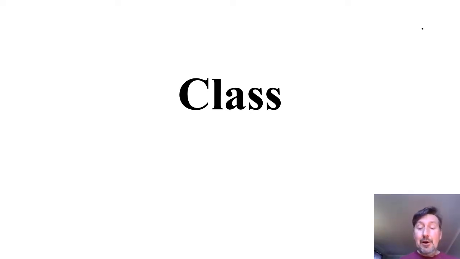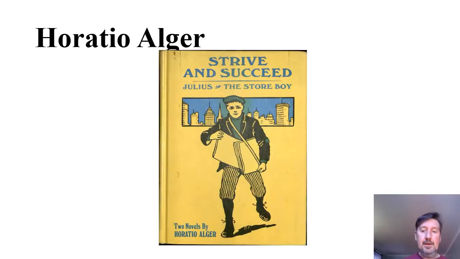Some identifying markers of class include the ownership of property, the kinds of clothing that you wear, a person's level of education, their professional skills, and, of course, their income. The idea of unlimited upward economic mobility in the United States was popularized in the 1800s by a man named Horatio Alger.